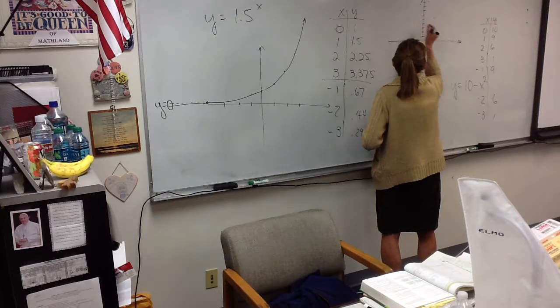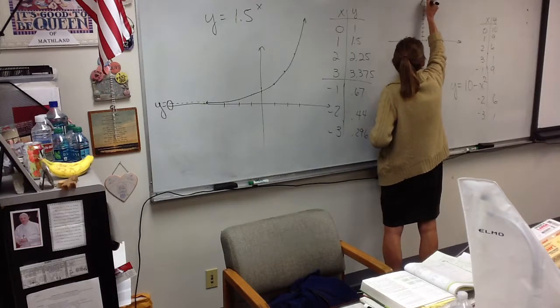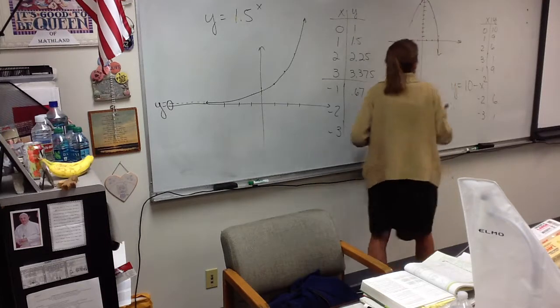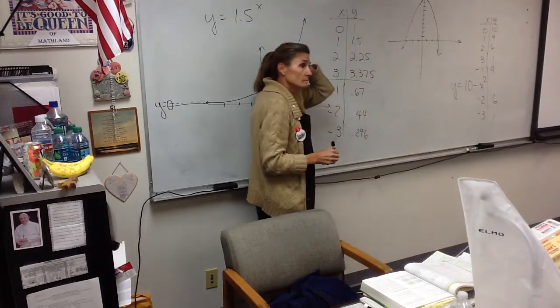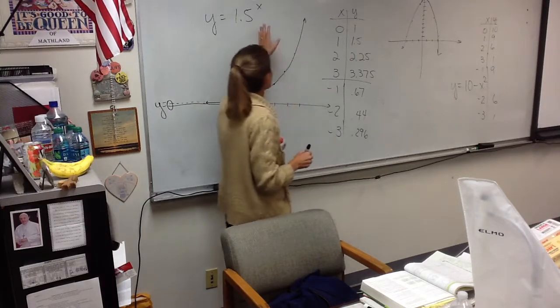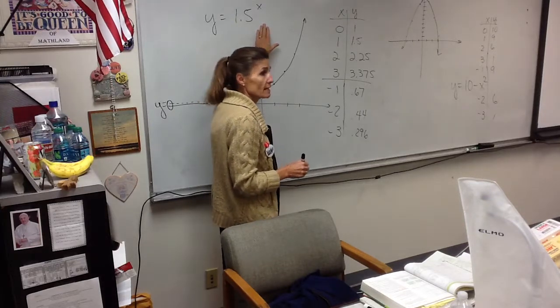Yeah. Looks like it is. So whenever you don't have a radical or a fraction, then you have to make a T-chart. I do it anytime I'm not sure what the picture looks like.